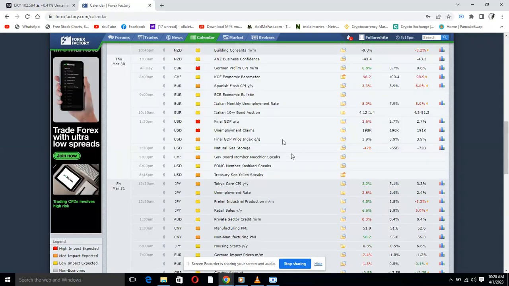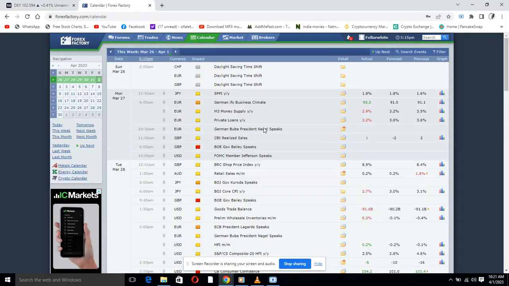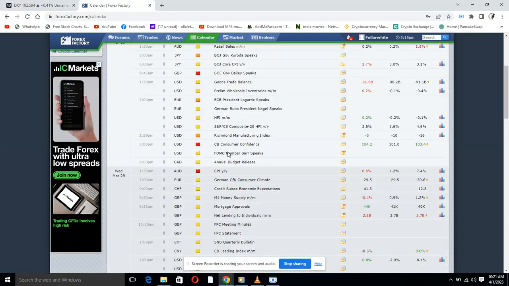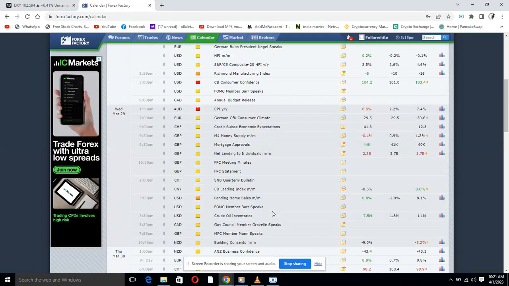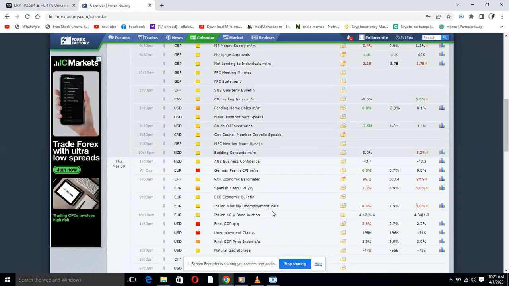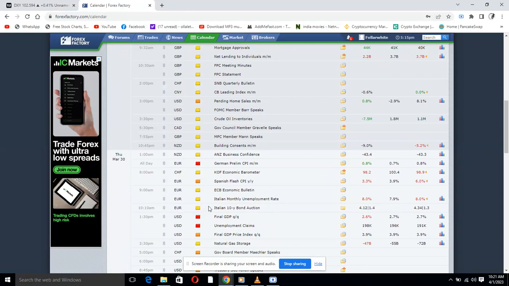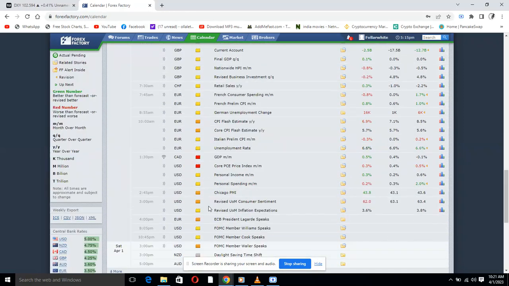Let's check the probability. We are having USD news here. We are having GDP news and USD news on Tuesday, consumer confidence, and Wednesday we have news. We have USD news on Thursday, while the major news will be on Friday. That is impact news.